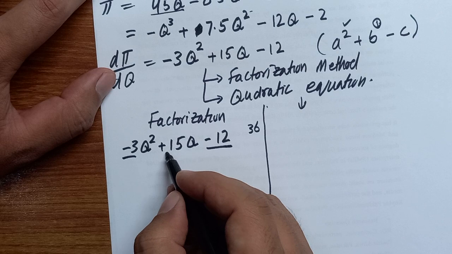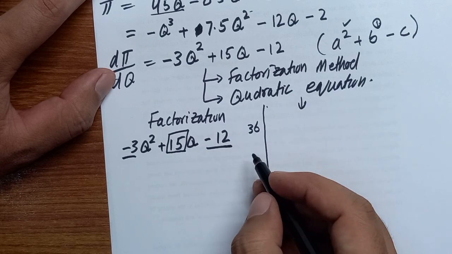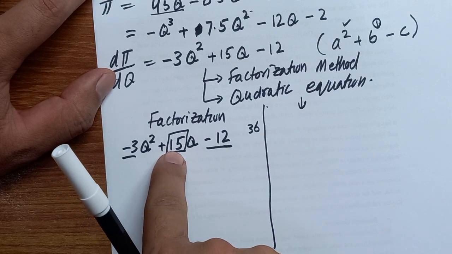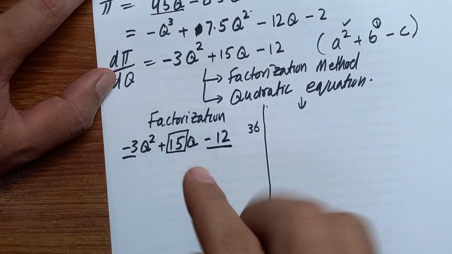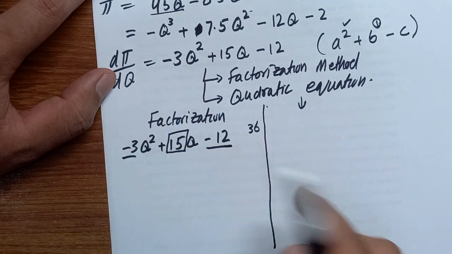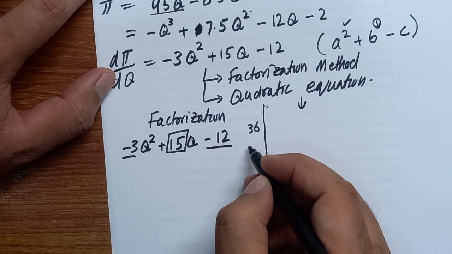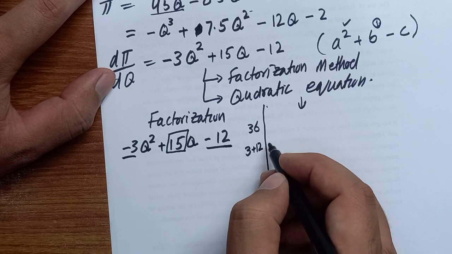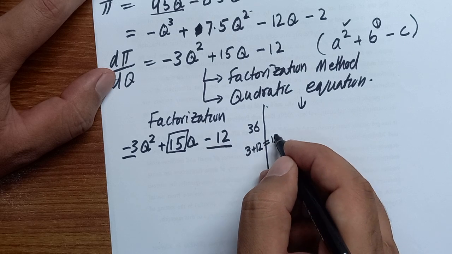The middle value, this value, we will divide into two factors. When we add these values, it will again be equal to 15, and when we multiply those two factors, it will be equal to 36. Like we have 3 and 12. 3 and 12 is equal to 15.